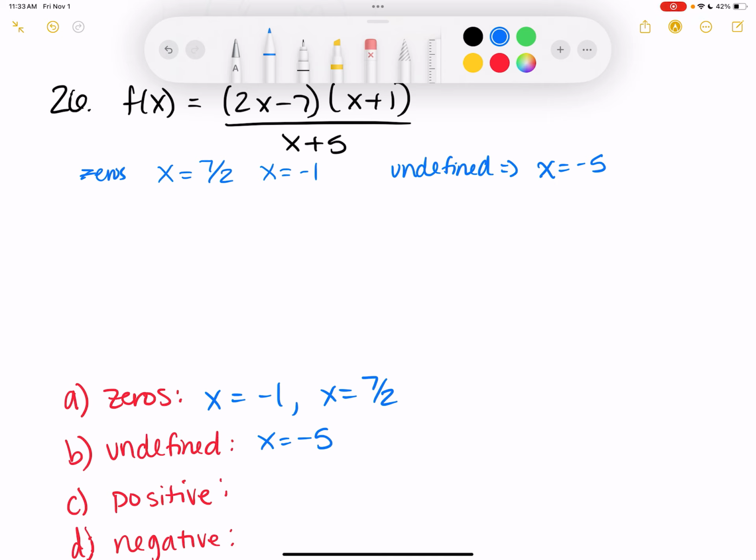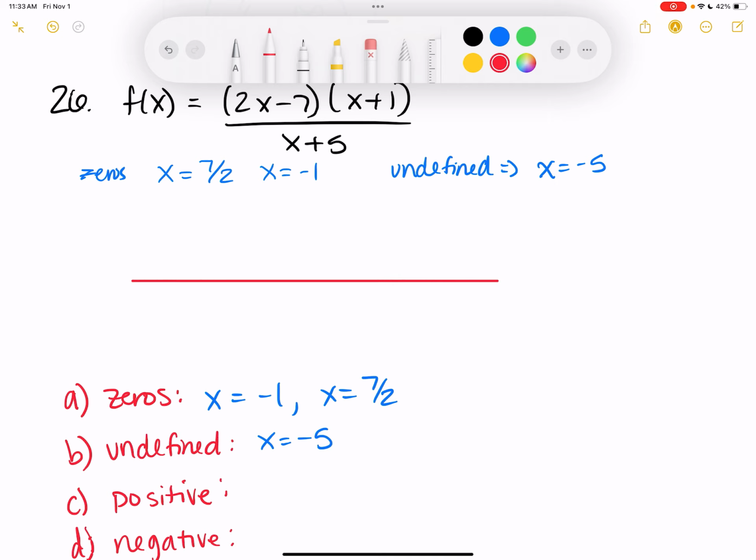So the difference in these ones compared to the other ones is that when I set up my sign chart, I also have to include the undefined ones. Okay? But I can't include those values when I'm finding where it's positive and negative and all of that, obviously. I'm more so saying that for when we get to the inequality ones that look like this. But just to give you a little preview.